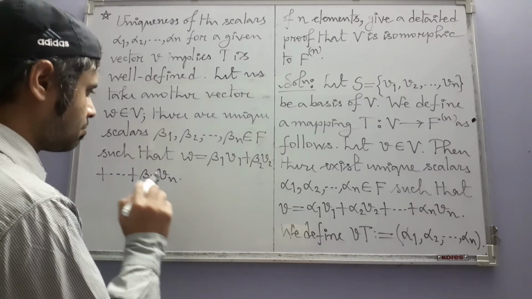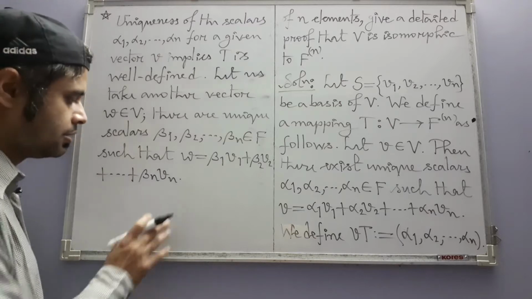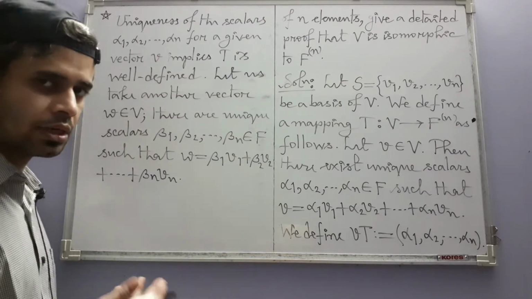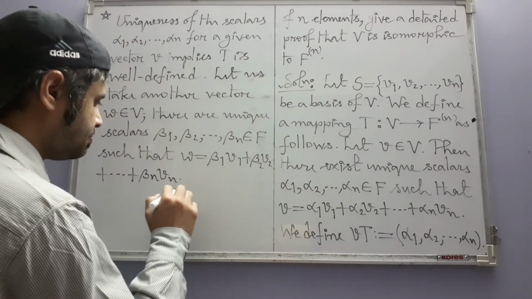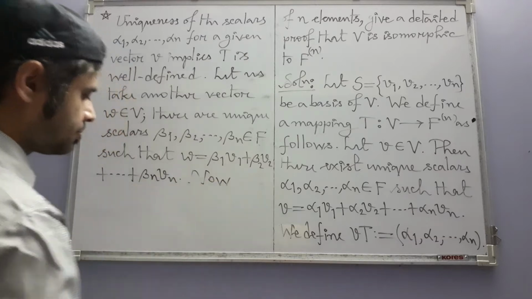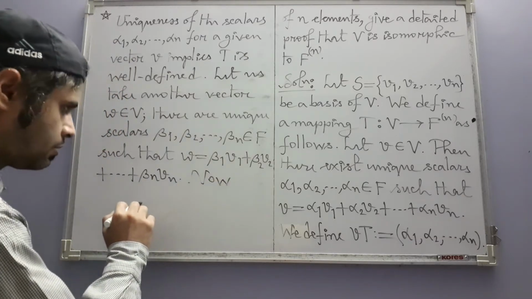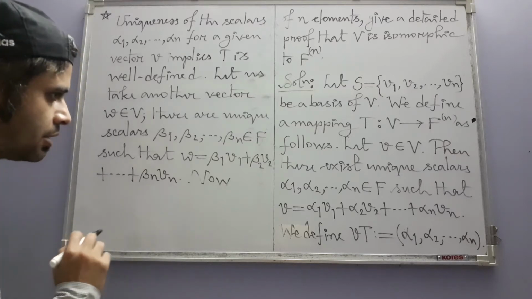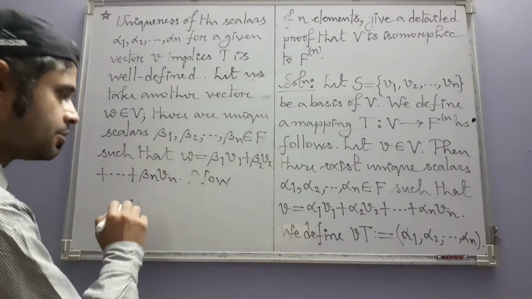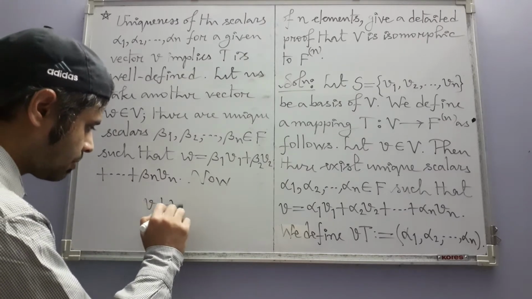The purpose for considering another vector w is, of course, that we are now going to show that T is a vector space homomorphism. First we try to show that T preserves addition. So we apply T on this sum, v plus w.